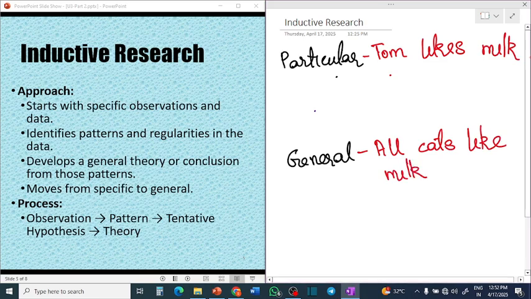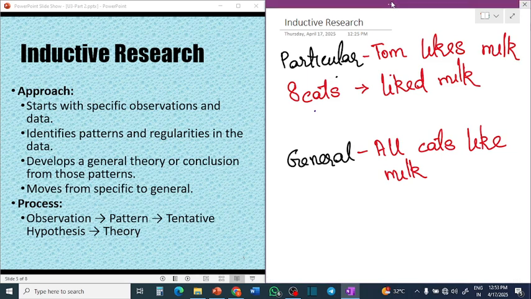First, you made an observation, then you saw a similar pattern. Pattern means, like, maybe on the roadside there were 8 cats, and all the 8 cats liked milk. When you gave them milk, they liked it very much. So from that you come to a general statement that all cats like milk.